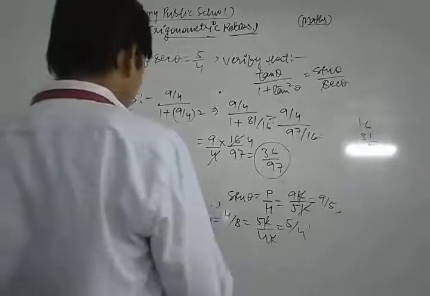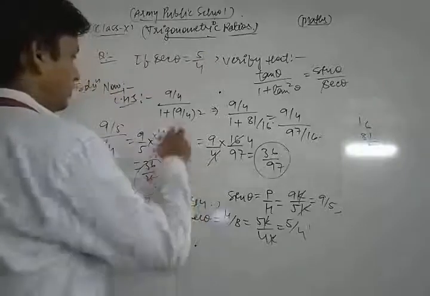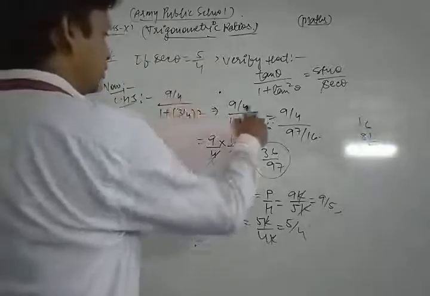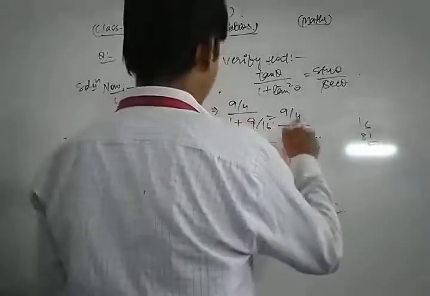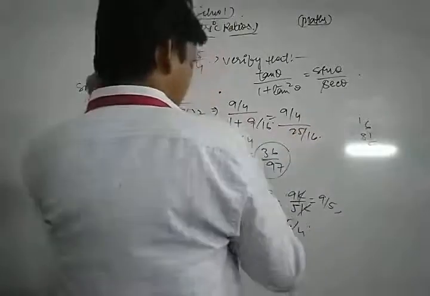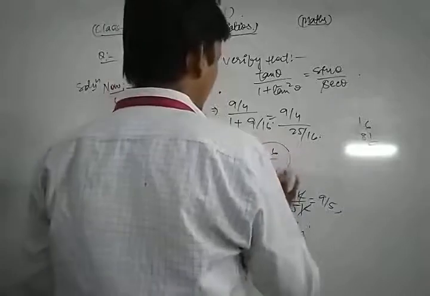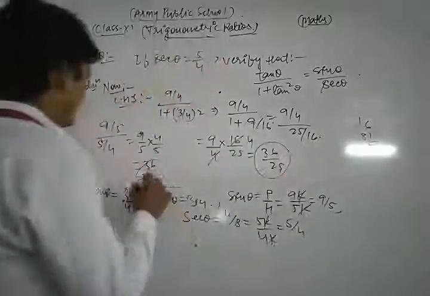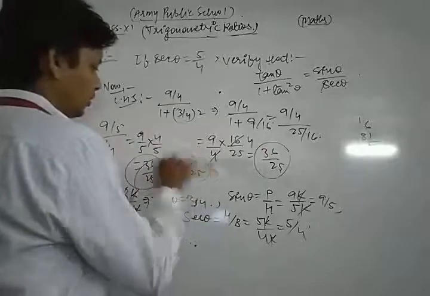So we get 36 upon 25. So after simplifying the right hand side, we also get 36 upon 25.